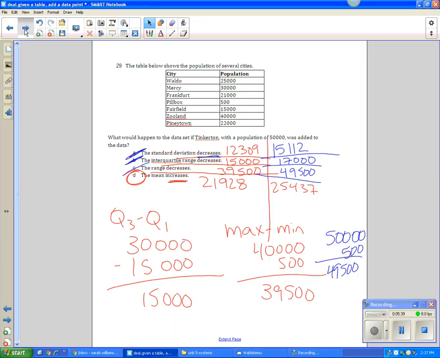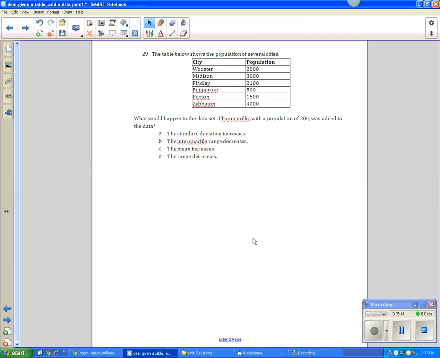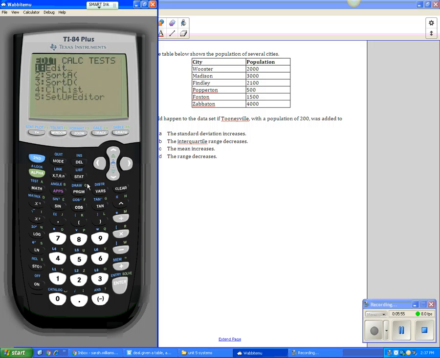All right, number 2. The table below shows the population of several cities. What would happen to the data set if Toonieville with a population of 200 was added to the data? Okay, so once again, we need to put them in stat. Stat, calc, number 1.